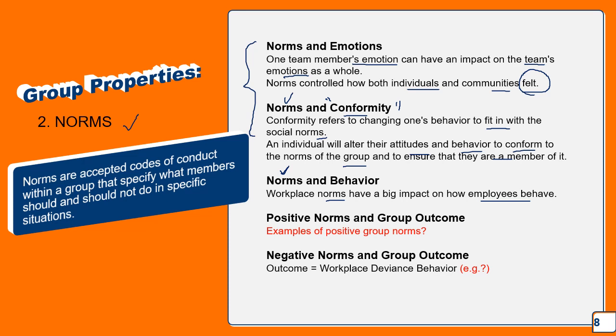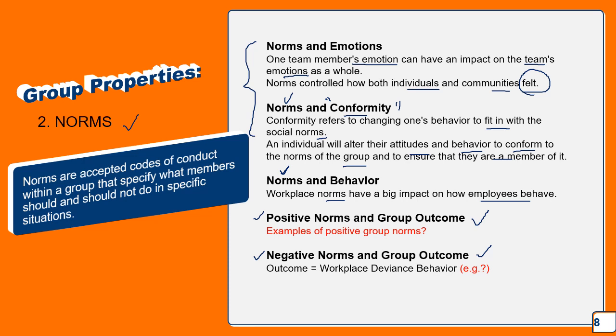So there are two types of norms, positive norms and also negative norms. And each type of norm has an impact on the group outcome. So what are the examples of positive group norms? As you can see on page 100, you can highlight the examples of positive norms such as be honest with each other, practice being open with everyone, trust each other.